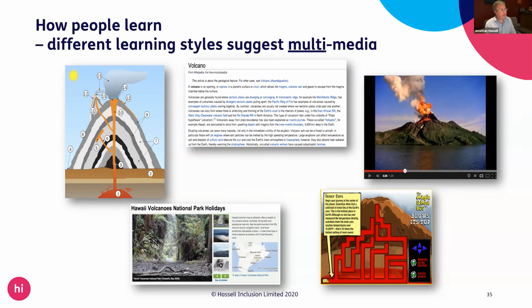Here's a number of different ways of learning about volcanoes, which is something my little boy really gets. Over here we've got an animation, which takes you through all of the stages of eruption and all of the things that are happening. Some people like just text.